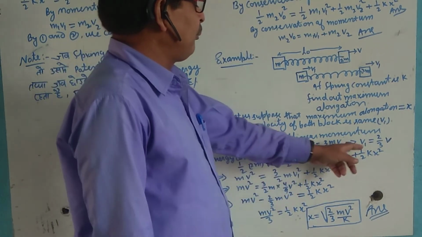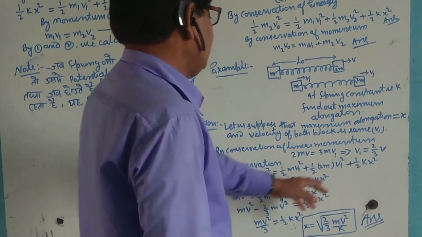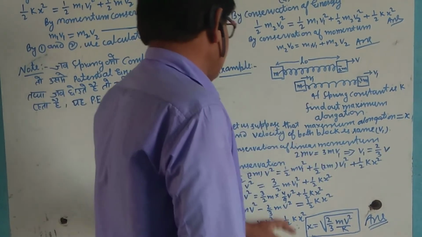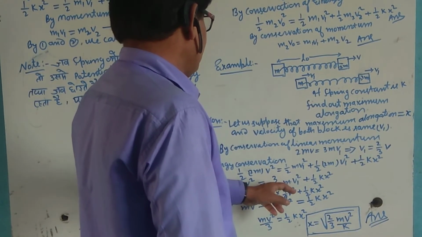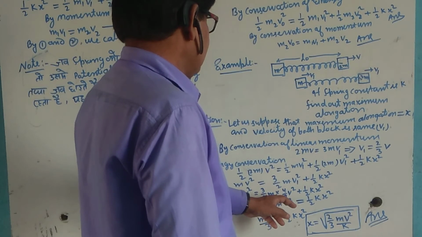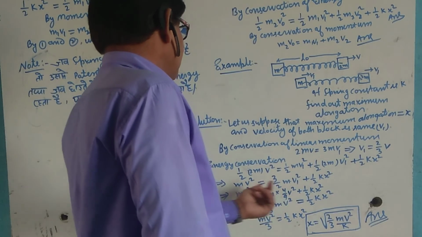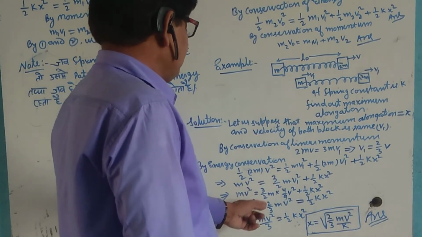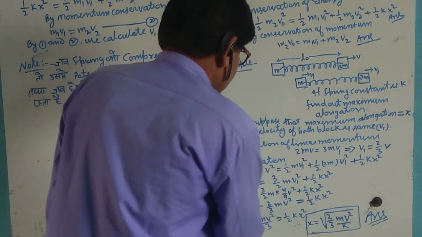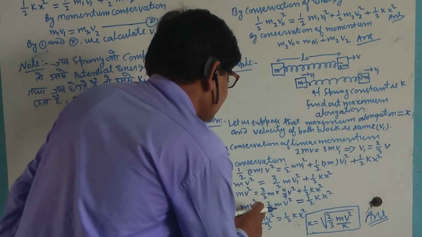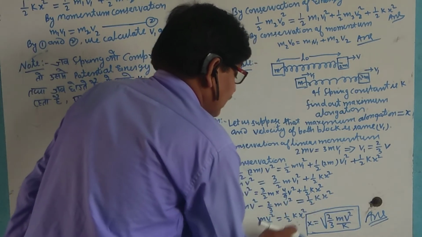Now putting the value of v1 as 2 by 3 v, v1 square is equal to 4 by 9 v square. Putting this in, 4 by 9 and the 3 by 2 give 2 by 3 m v square. So m v square minus 2 by 3 m v square equals half k x square, that is m v square by 3 equals half k x square.